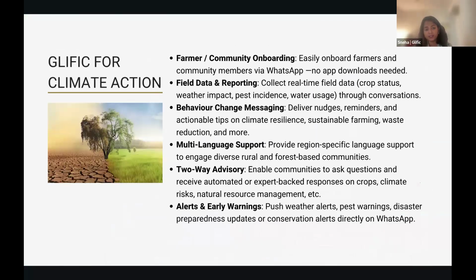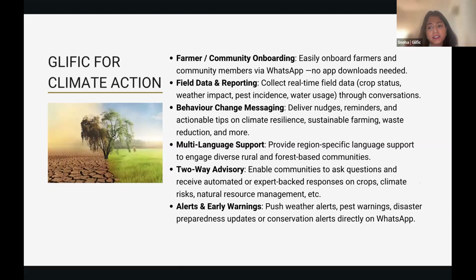Okay, so this question has been asked by so many people on the registration form, like how can WhatsApp be used for climate action. This slide might look a little text heavy, but I'm just going to talk in terms of how organizations in the climate action space, in the space of agriculture, can use a WhatsApp chatbot.